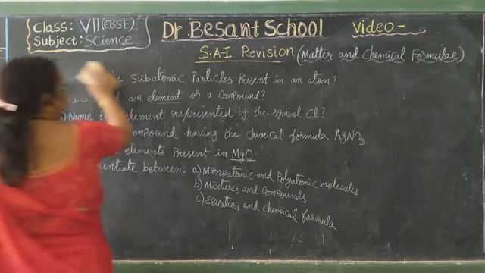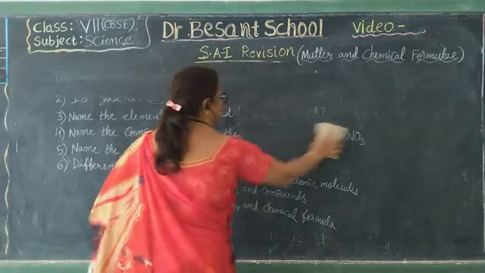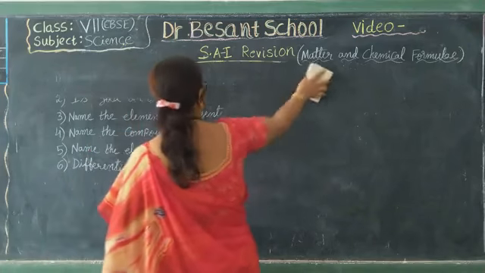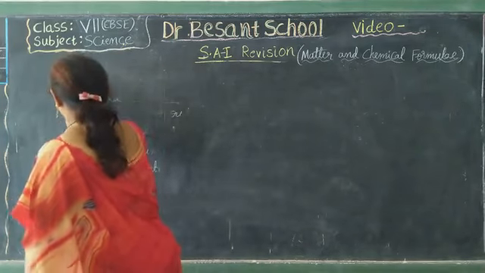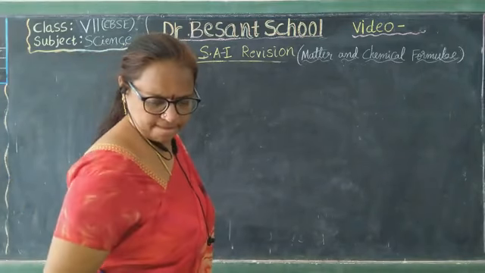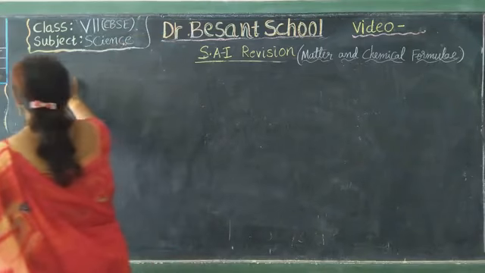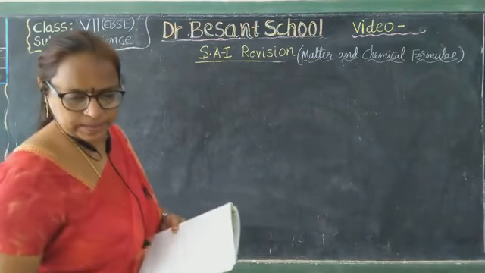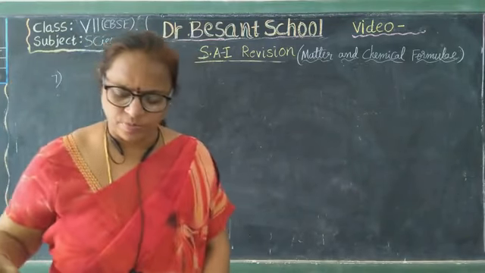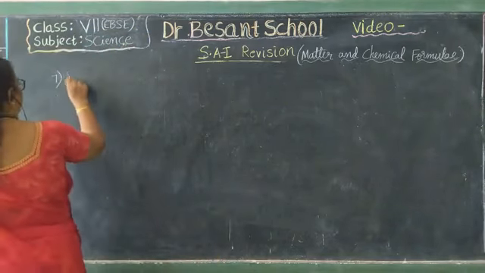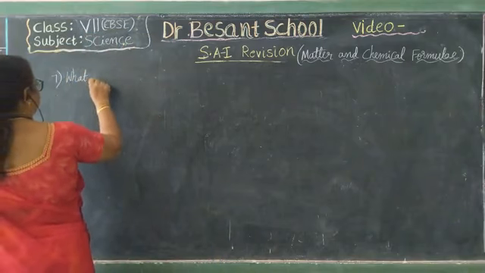Next, I will rub this. Next one is: what do you understand by a balanced chemical equation? Just now we have discussed what a chemical equation is.